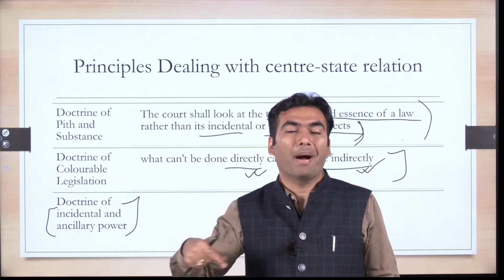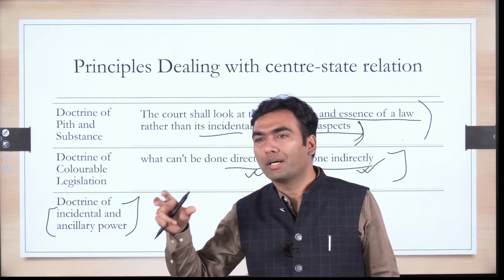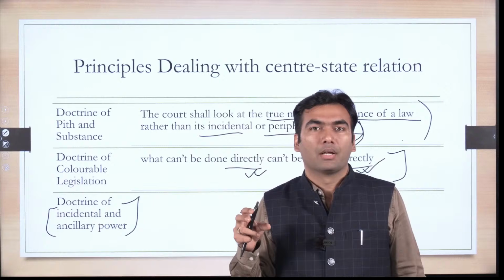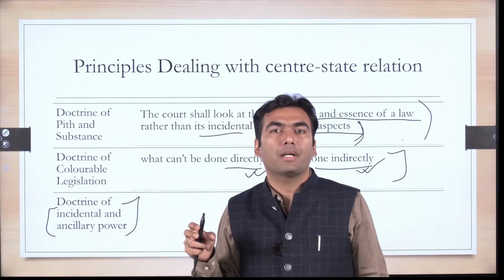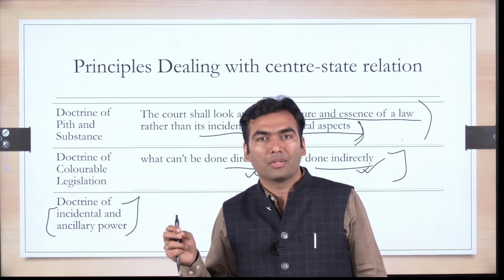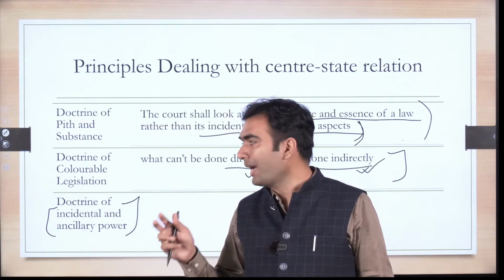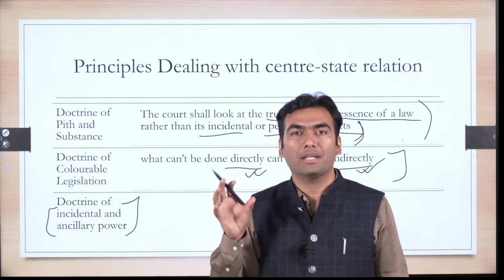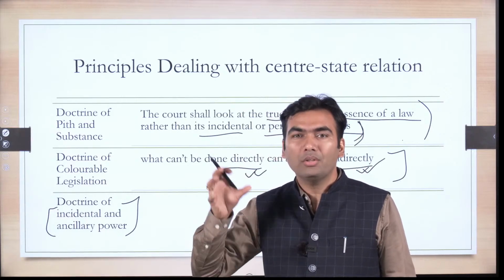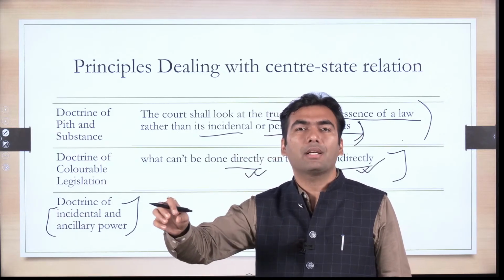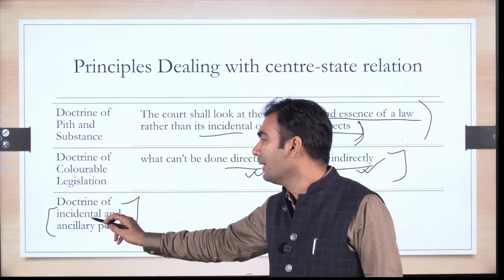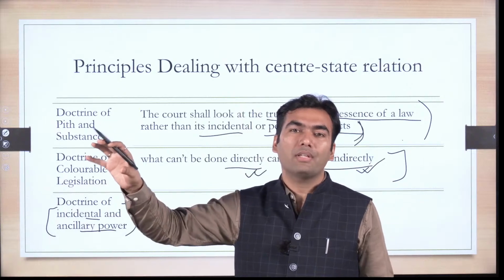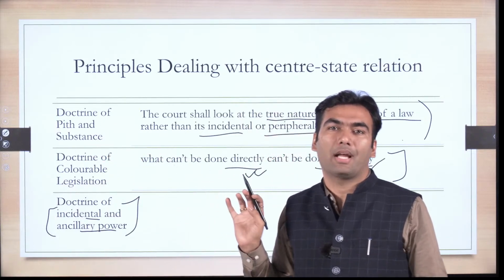Now, this might prima facie look like to arrest a person or to dispose of certain property is a matter of law and order, which is a state subject. But as per this doctrine, if you have to do something, to do that particular thing you might require certain ancillary and incidental powers, and you will always have those powers as well.